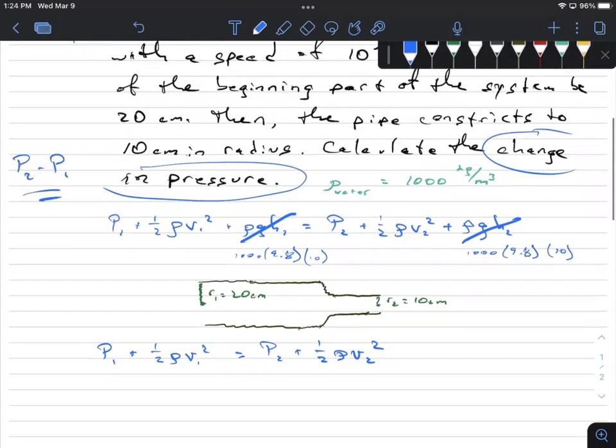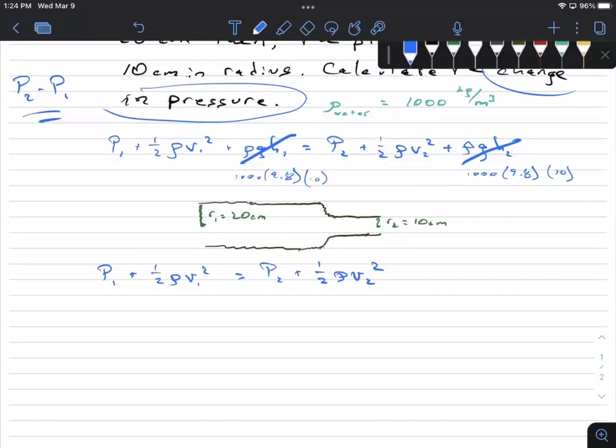All right, the next step I would do: I'm here with this particular equation. I've gotten rid of the height terms because they don't matter here since the height doesn't change. And I remember what I want is to calculate this P2 minus P1. So let me manipulate my equation to get P2 minus P1 equals something.